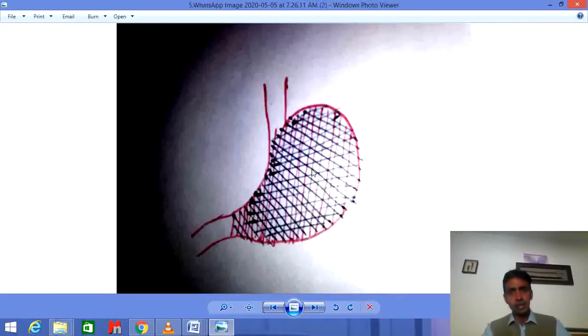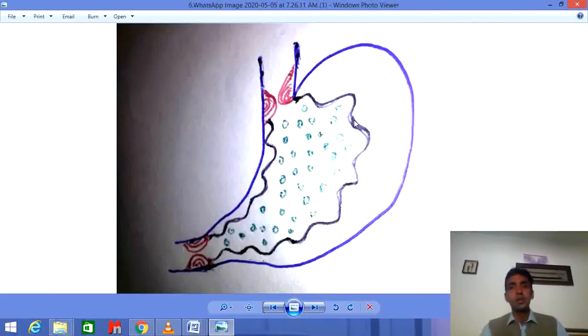Now, coming to the next diagram. You can see the stomach, the cardiac sphincter, and the pyloric sphincter, and this is the inner surface of the stomach. You can see the inner surface is wrinkled.